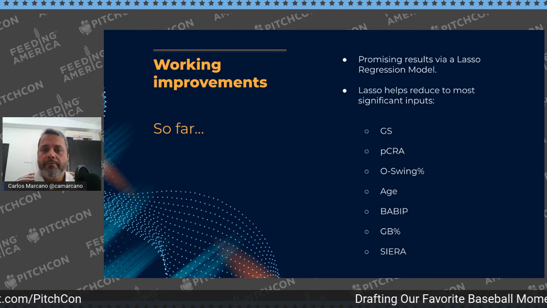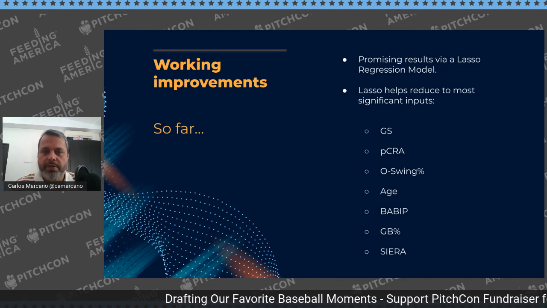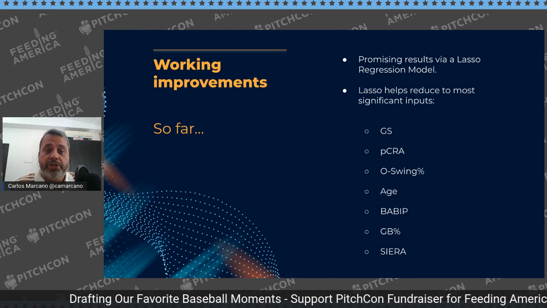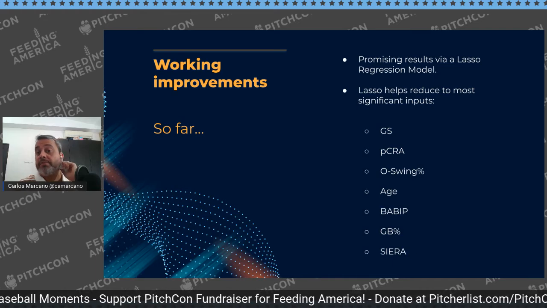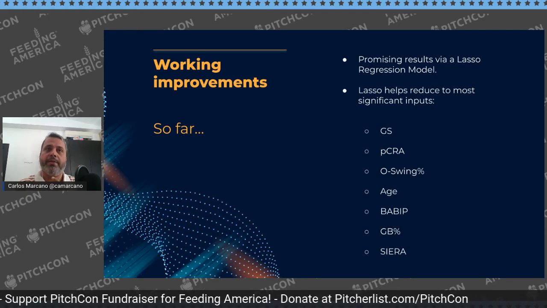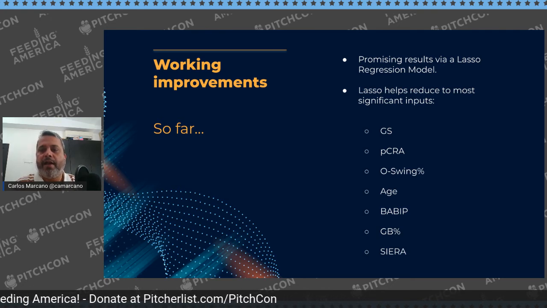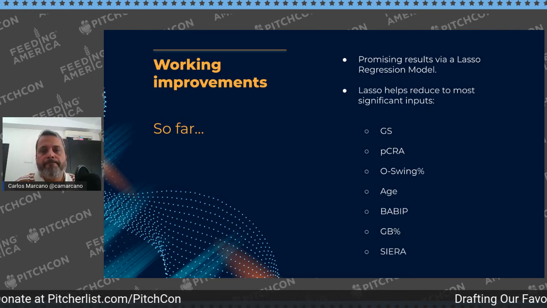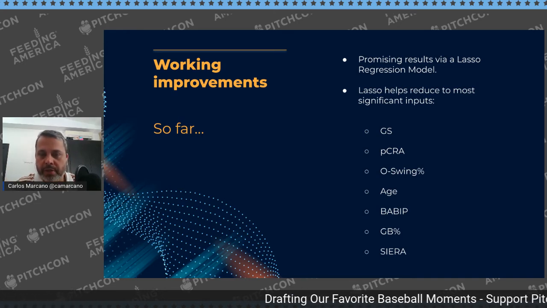I found that using stats like PCRA, age, BABIP, ground ball percentage, even ERA and games started helps, because the problem with the SPECS right now is that it can give a lot of weight to relief pitchers because of the reduced sample.